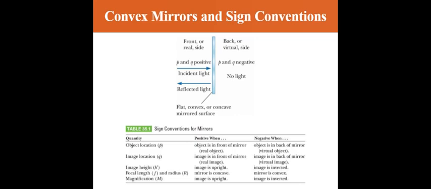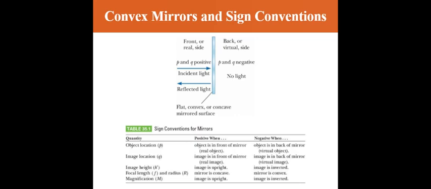If the reflection appears to come from behind the mirror, then that means that the image distance is negative. If it's a real image, so the reflected rays physically converge in front of the mirror, then q will be positive and the image will be upside down.